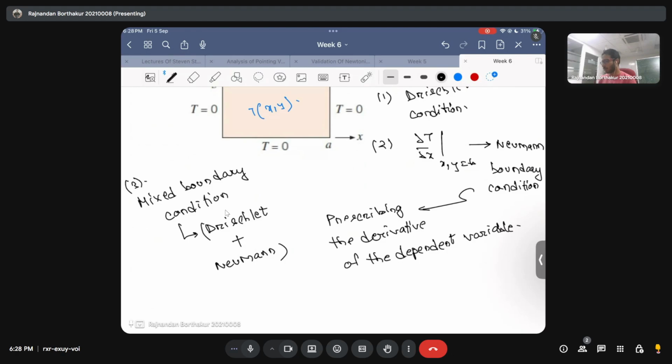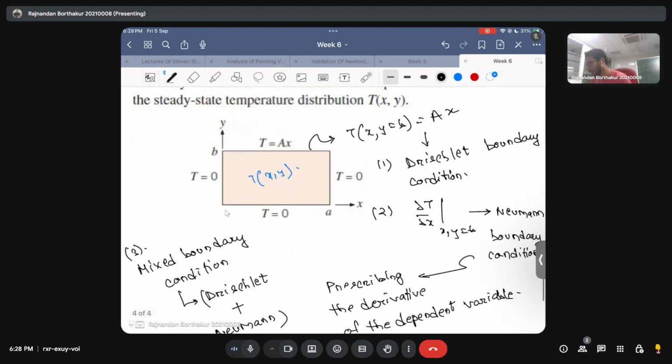But mostly in heat transfer problems, we don't encounter mixed boundary conditions, because knowing both the value of the temperature and the value of the heat flux simultaneously is difficult. So either you have a Dirichlet boundary condition or a Neumann boundary condition in heat transfer problems.